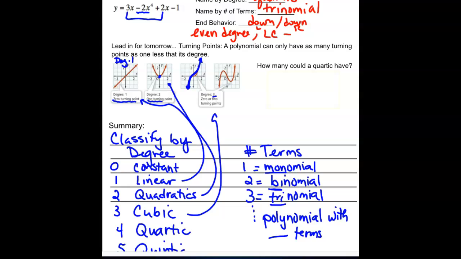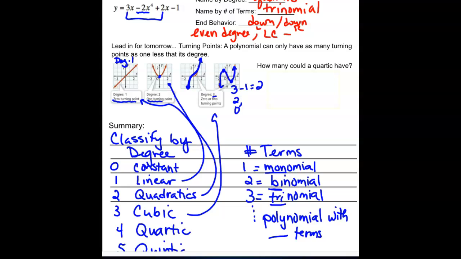The second picture here, you'll see 2 specific turns. One right here, and then another one right here. Okay, we're completely changing directions. So it can have 1 less than the degree. So this was degree 3. We take 1 off. The maximum number of turns it can have is 2. However, it can have less than that, and it alternates. So a degree 3 could have 2 or 0 possible turns.